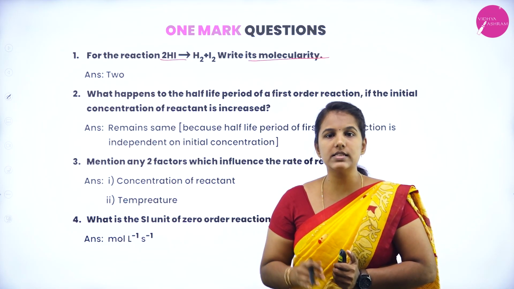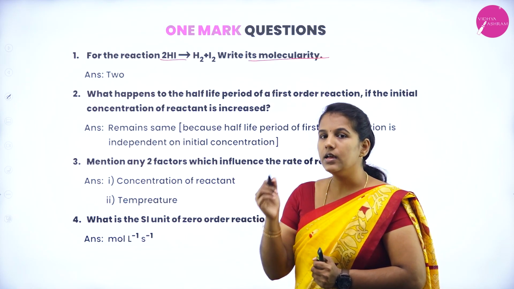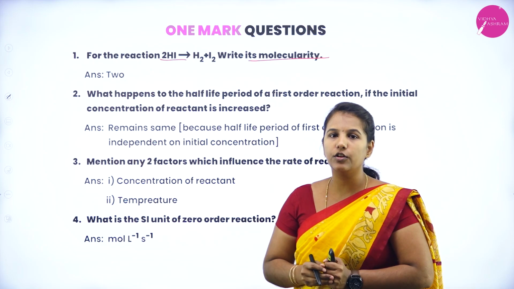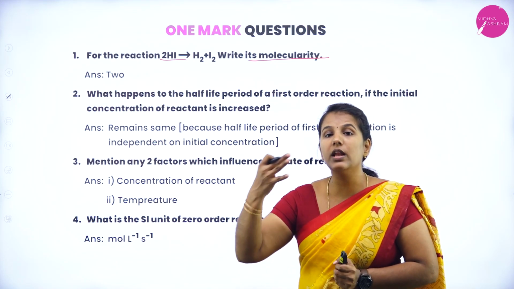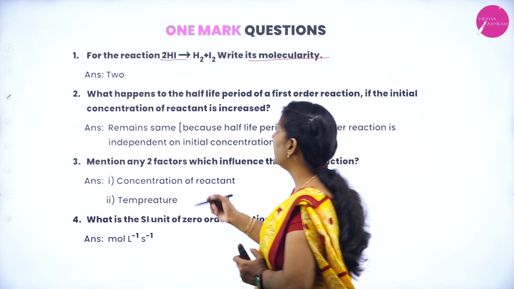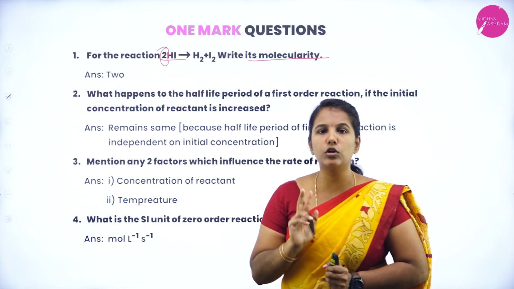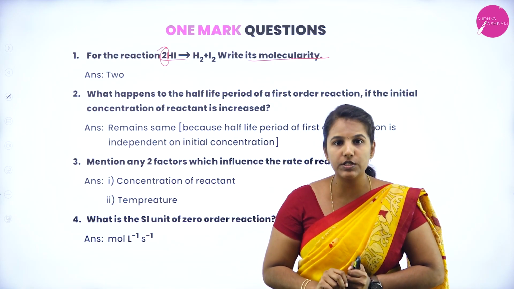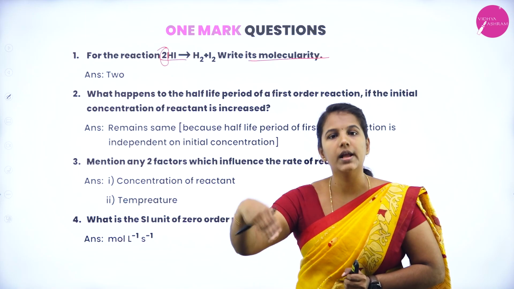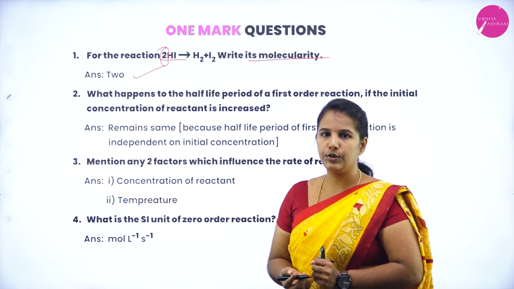In my concept class, I have already explained the molecularity of a reaction. Molecularity tells how many reactant molecules decompose to form a product. Here you can see the molecularity of this reaction is nothing but 2. There are 2 moles of hydrogen iodide and they decompose to give hydrogen and iodine. So the molecularity will become 2.